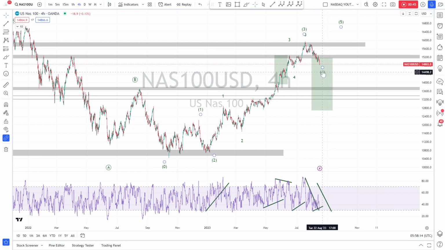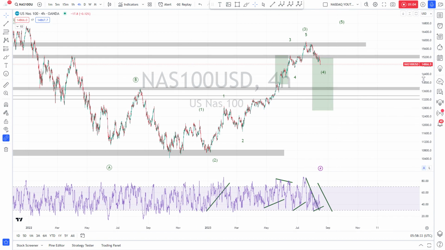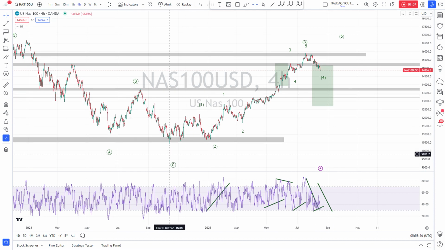So this wave 4 might be finished, but I also have to warn you, like I did in my weekend analysis, that this here might be a trap in the sense that on the higher time frame, wave 2 low is not in yet, but that we are doing a larger corrective move, which would mean that we take out this low again, and that we have a lower wave 2.